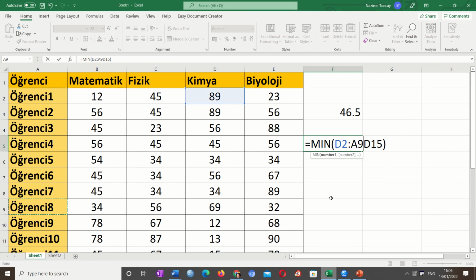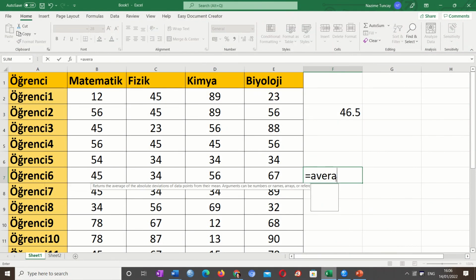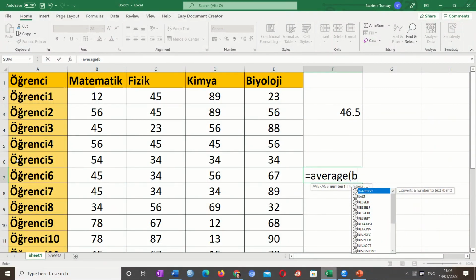Who's going to tell me? Equal, wait. I have to close this one. Delete. Yes, equal, average. B, is it B5 or B6? B6. E6, okay, that's it, yes.